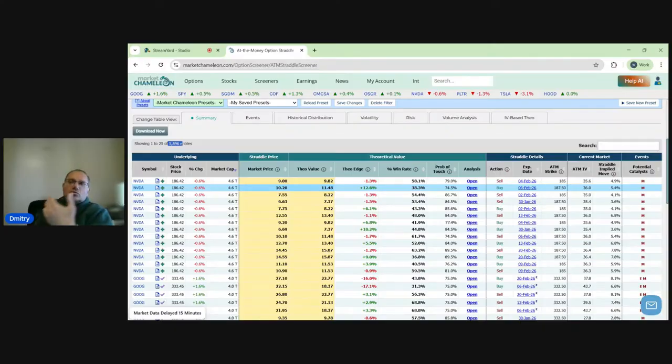And then we're looking at the call and the put, either buying the call and the put, or selling the call and the put. This is an option straddle, where it's not a directional type of trade, but a volatility trade, where you want the stock to move in either direction.